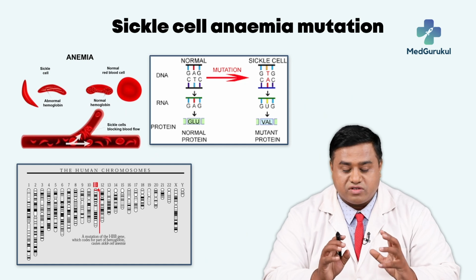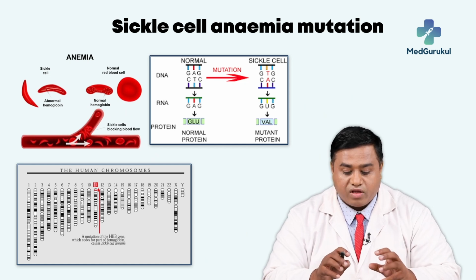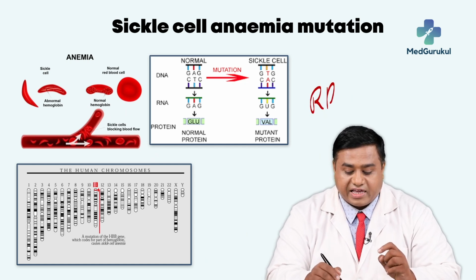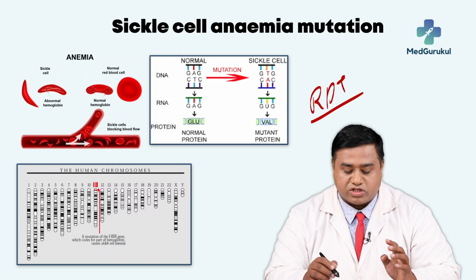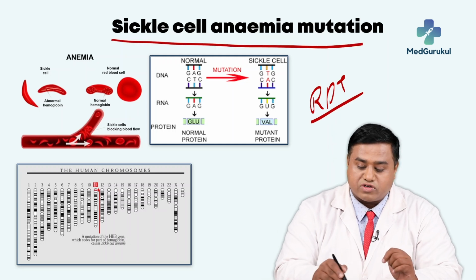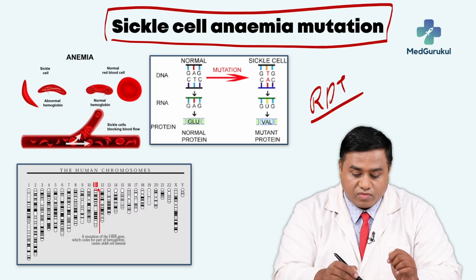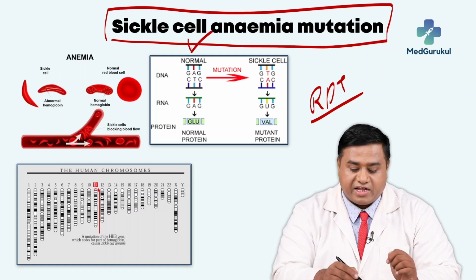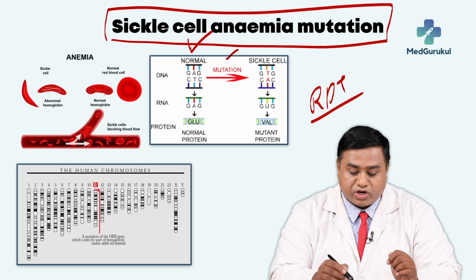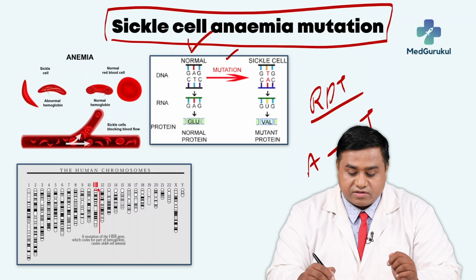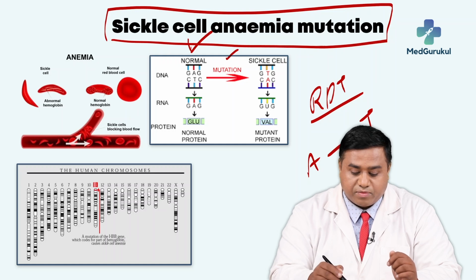And the best example of how RDT can be used as a diagnostic tool is in the diagnosis of sickle cell anemia. Here you can see normal DNA, and in sickle cell anemia the DNA after mutation is converted from A to T. There is a conversion from adenine to thymine.